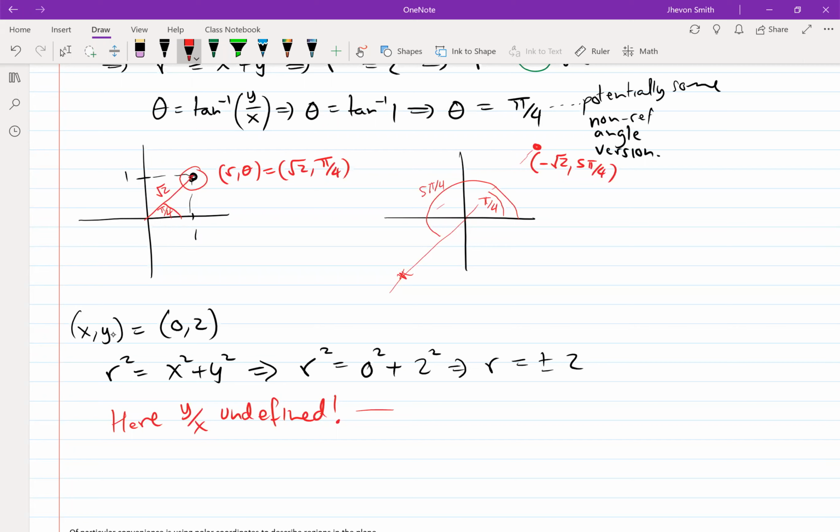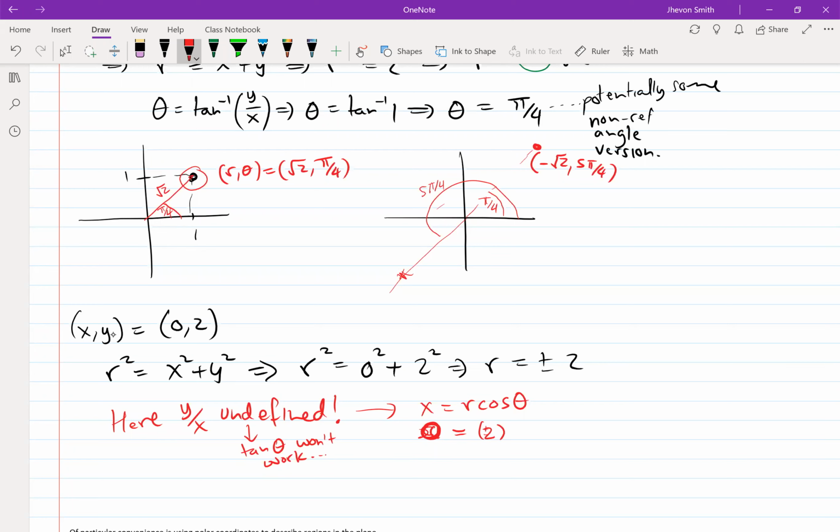You can use x equals r cosine theta or something like that? Yeah, exactly. So the tangent version won't work. Now, the fact that the tangent theta won't work would also indicate something to you, but let's just run with this, for example. We know that the x is 0. The r is, well, plus or minus 2.